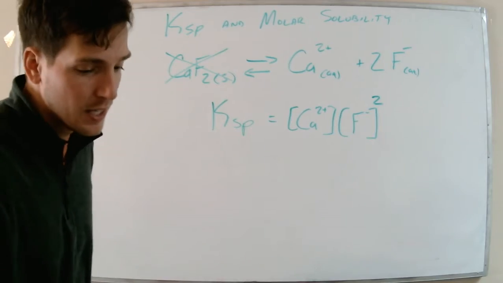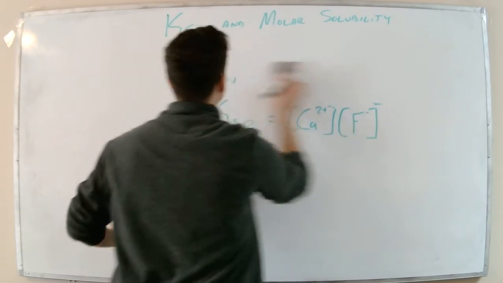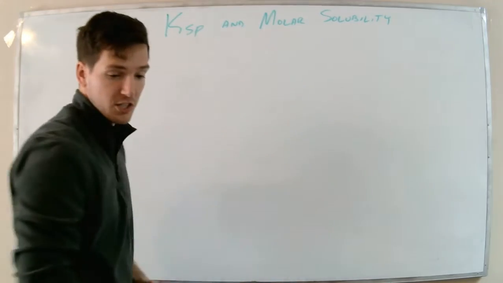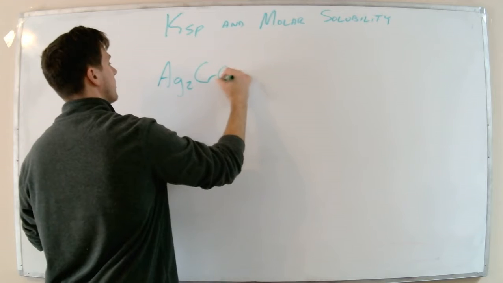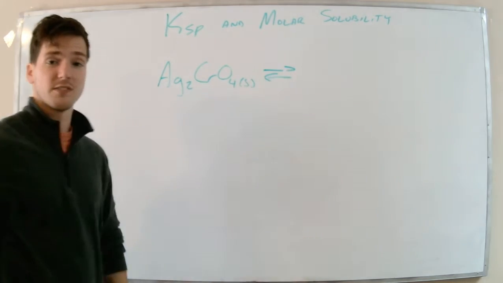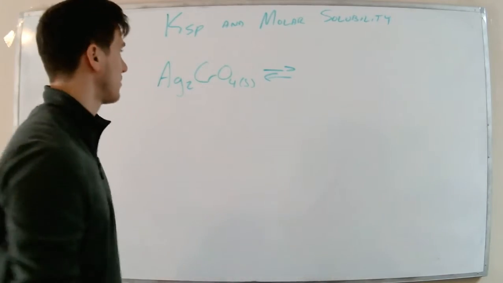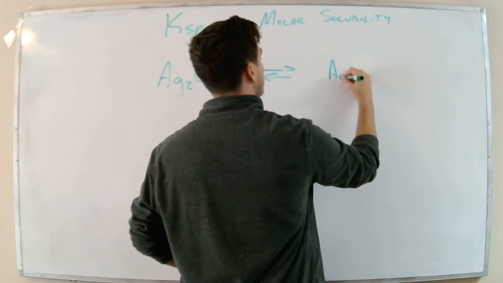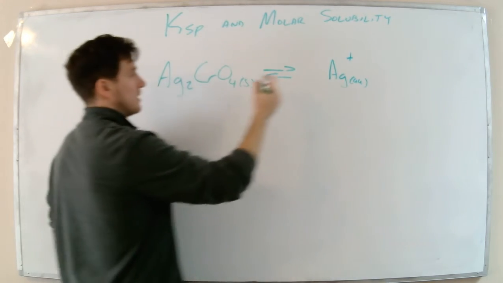Let's do another dissociation equation for a salt. We've got silver chromate. It's a solid. They're always going to be solid on the left side. Now, it's going to dissociate into its ions. So it's going to dissociate into Ag+, but remember, I have 2 of them.